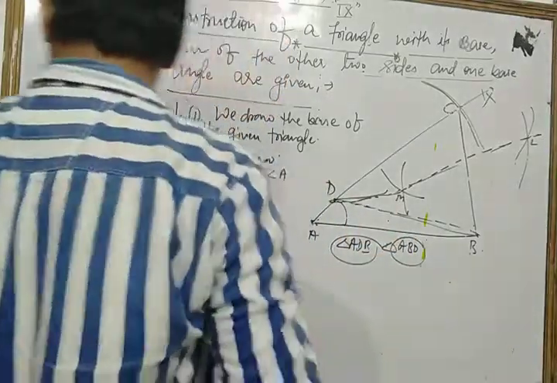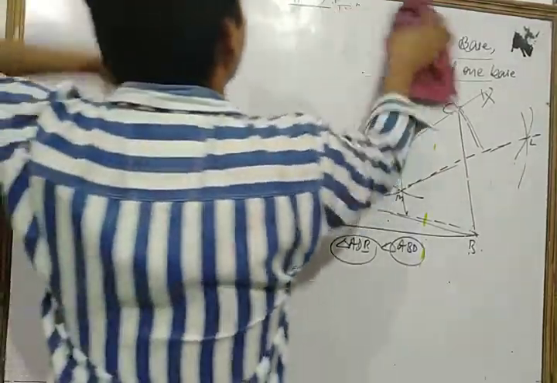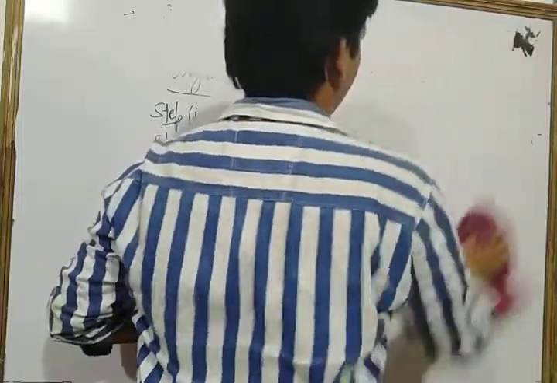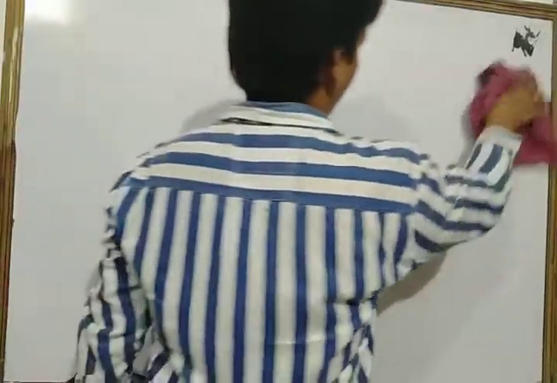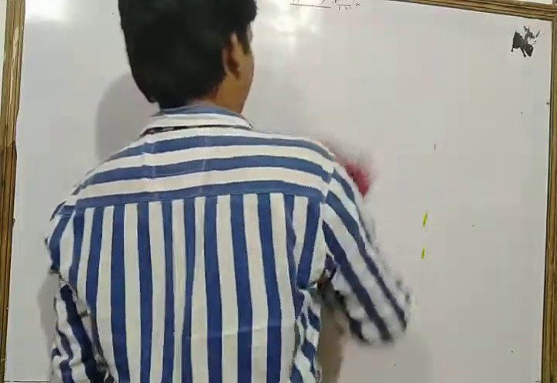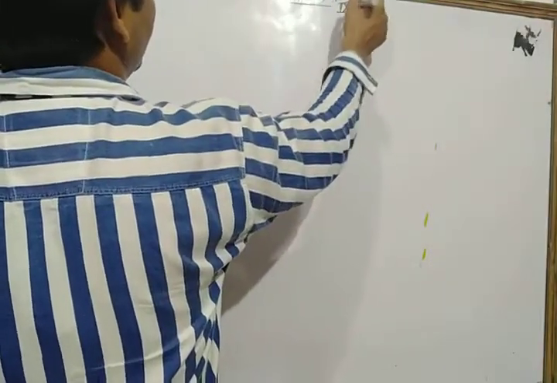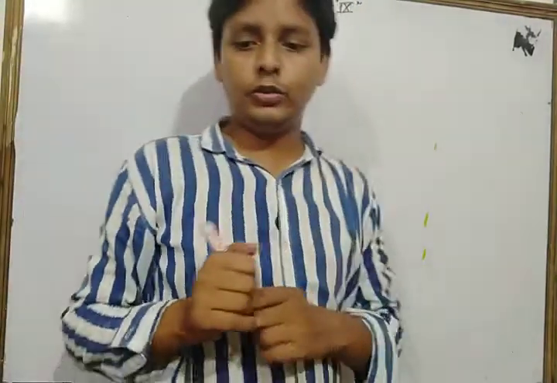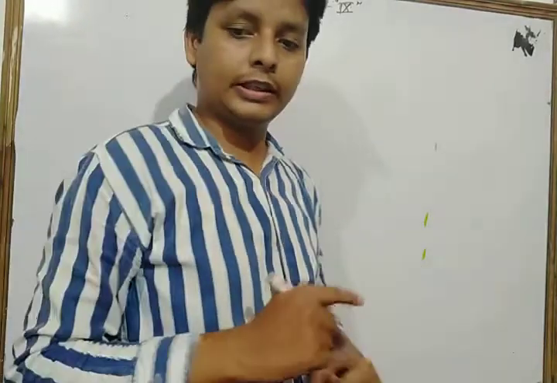Let's see. Dear students, we take some important questions of your NCERT exercise and construct. Now, construct a triangle ABC.